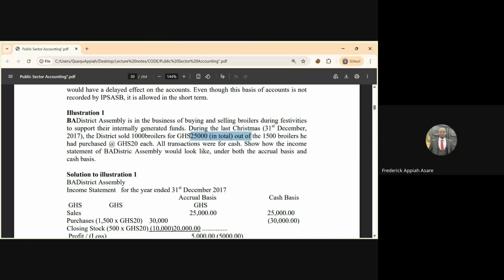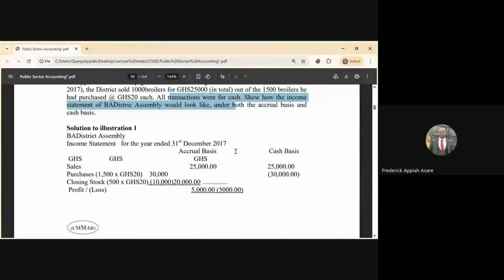Out of 1,500 beds purchased at 20 cedis each. All transactions were for cash. Show how the income statement will look. So this is just a normal computation that they do using the cash basis.